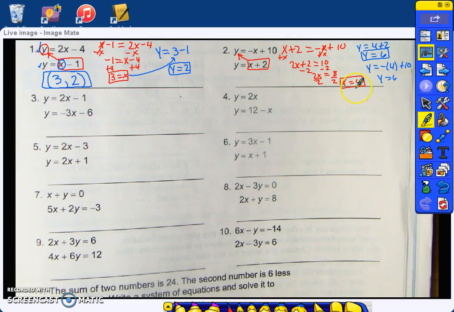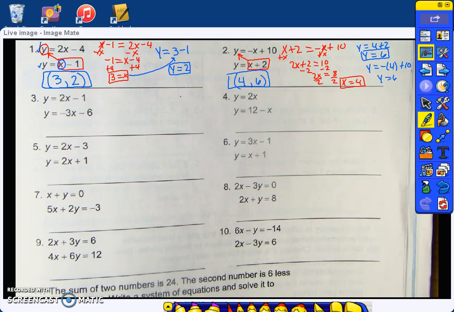But when you get that x equals a number, you can just plug it in. So 4, 6 is your solution, and you can check it. My x is 4, 4 plus 2 is 6, 6 is my y. Negative x plus 10 is 6. 6 is my y. So I know that this one is correct.